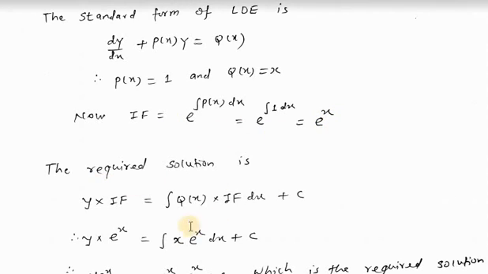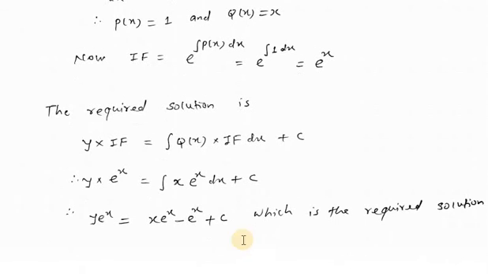Now the required solution is y into IF equals to integration q of x into IF dx plus c. Y as it is multiplied by IF, which is e raised to x, that is equals to integration q of x, that is x, and IF is e raised to x, dx plus c.